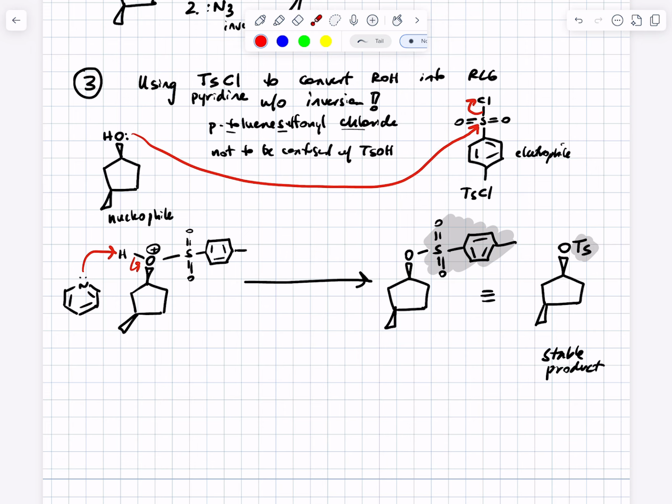It apparently doesn't happen because you can isolate this product, which is called in your text a tosylate. And the tosylate itself, this including the oxygen, is a good leaving group. And it sort of looks like an avocado, maybe?